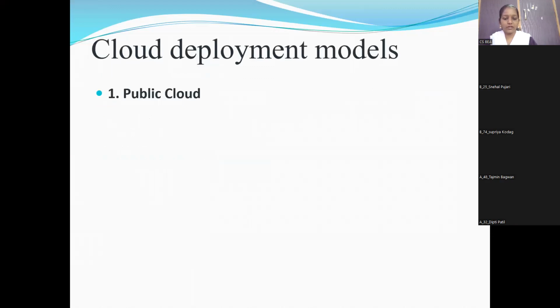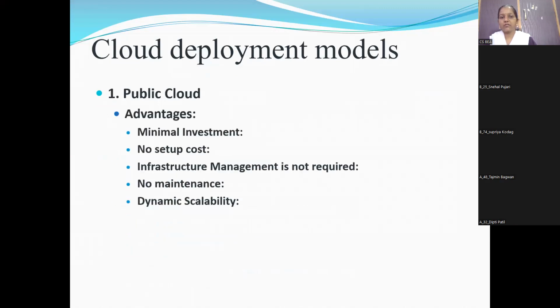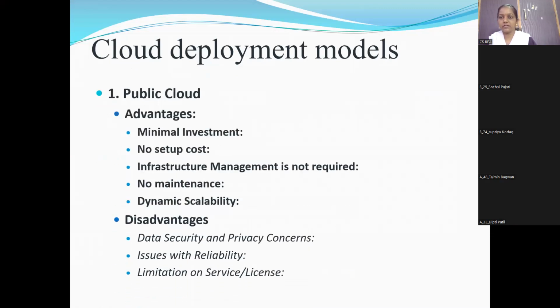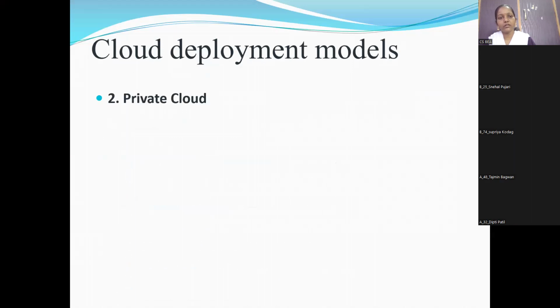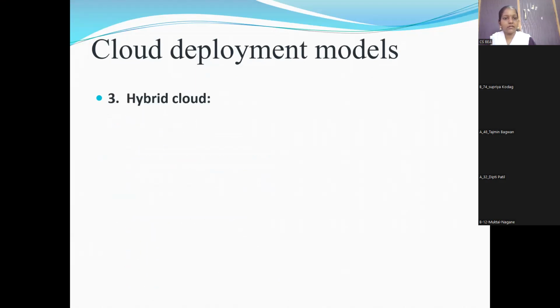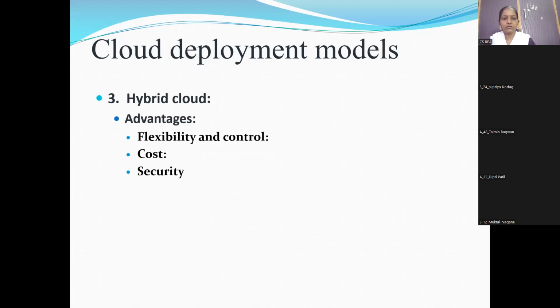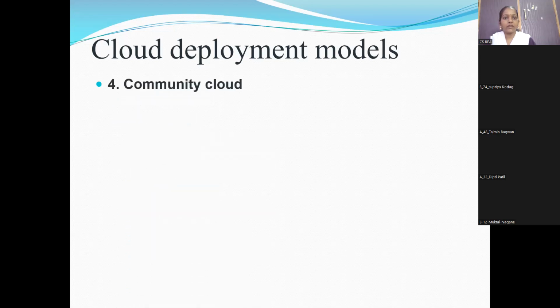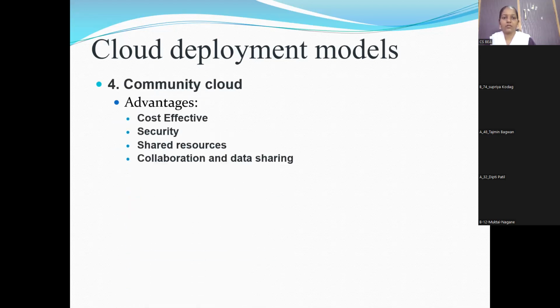Each and every model in detail we have seen. The public cloud with its advantages and disadvantages last time we have seen. Then private cloud, its advantages and disadvantages. Then hybrid cloud. And finally we have seen the community cloud.